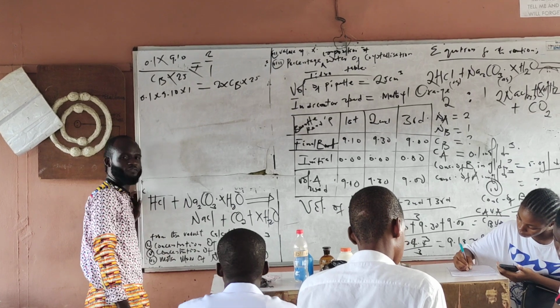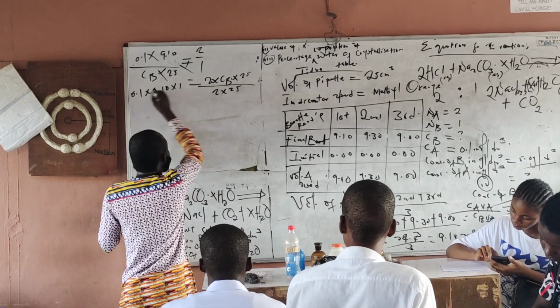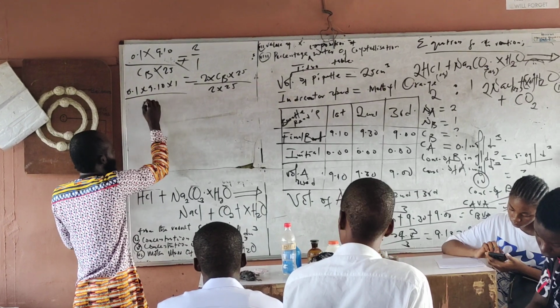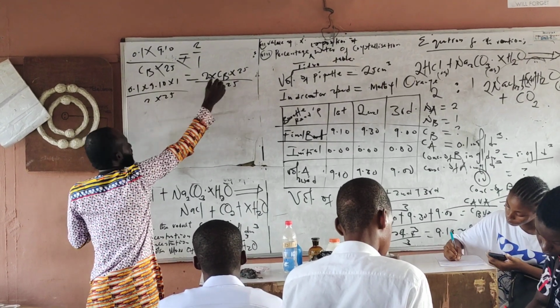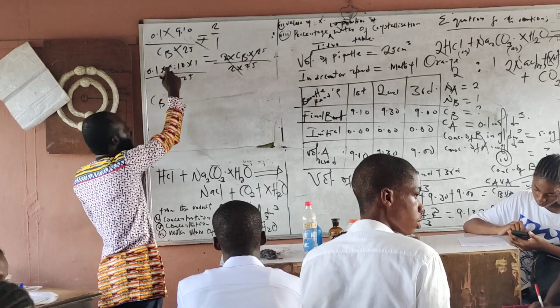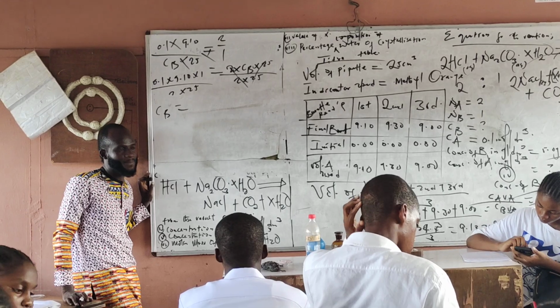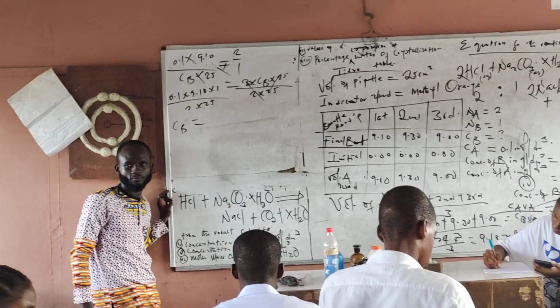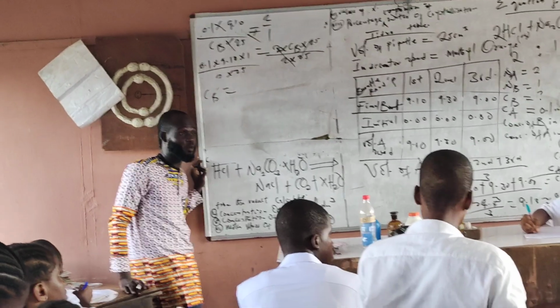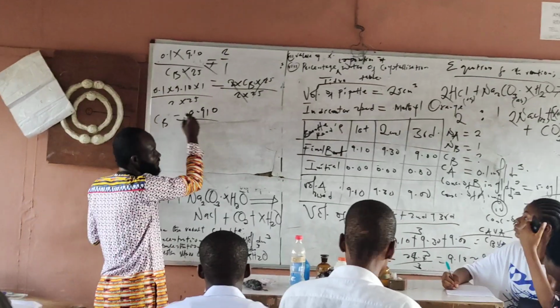You want to find CB, so divide both sides by 2 times 25. This one will cancel out. So CB is equal to 0.1 times 9.10, which is 0.91, over 50.